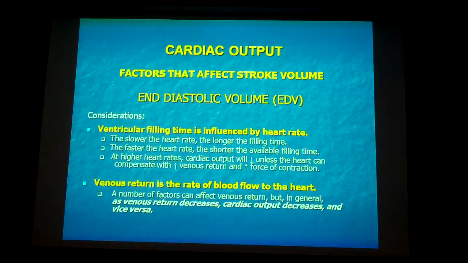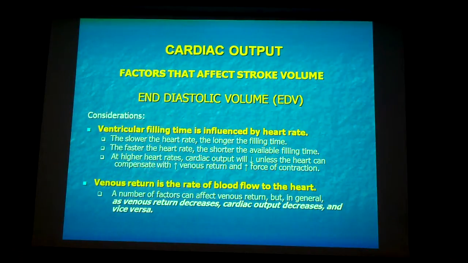All right, end diastolic volume first. Ventricular filling time is influenced by heart rate. Think about that for a minute. A heart that's beating at a fairly slow rate, those ventricles have more time to fill, don't they? As the rate progressively increases, those ventricles have less time to fill with each beat, right?